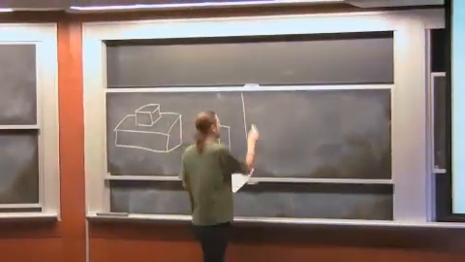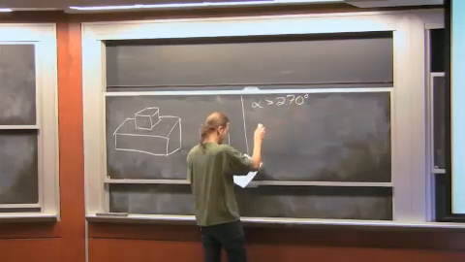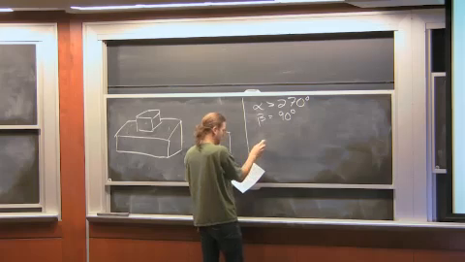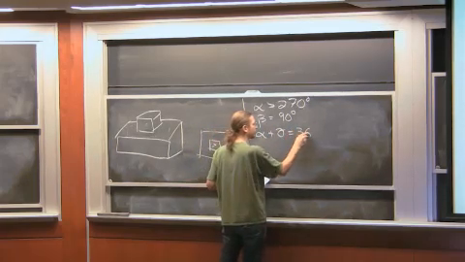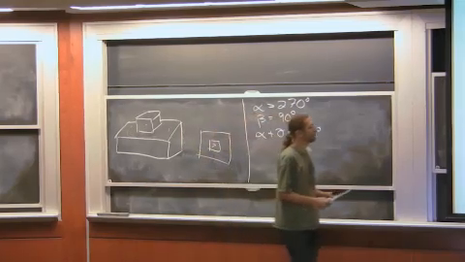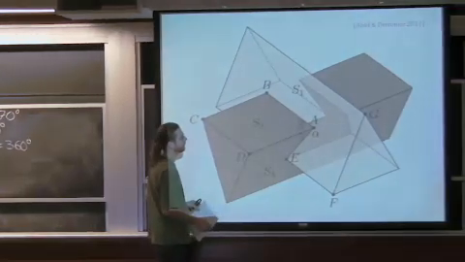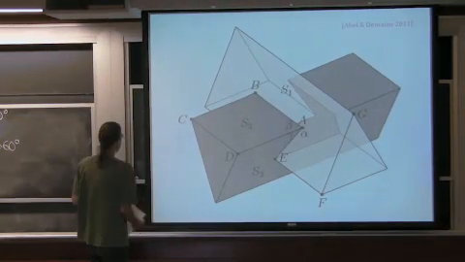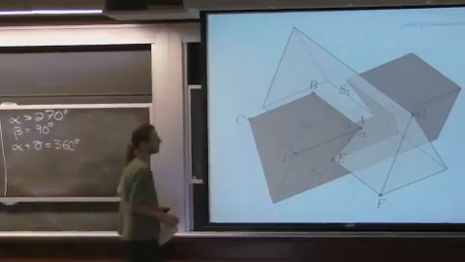So we want alpha to be bigger than 270. Beta equals 90. And we want alpha plus gamma equal to 360. This is possible if you angle these correctly. This is the short version. I guess the most interesting is this alpha plus gamma equals 360.